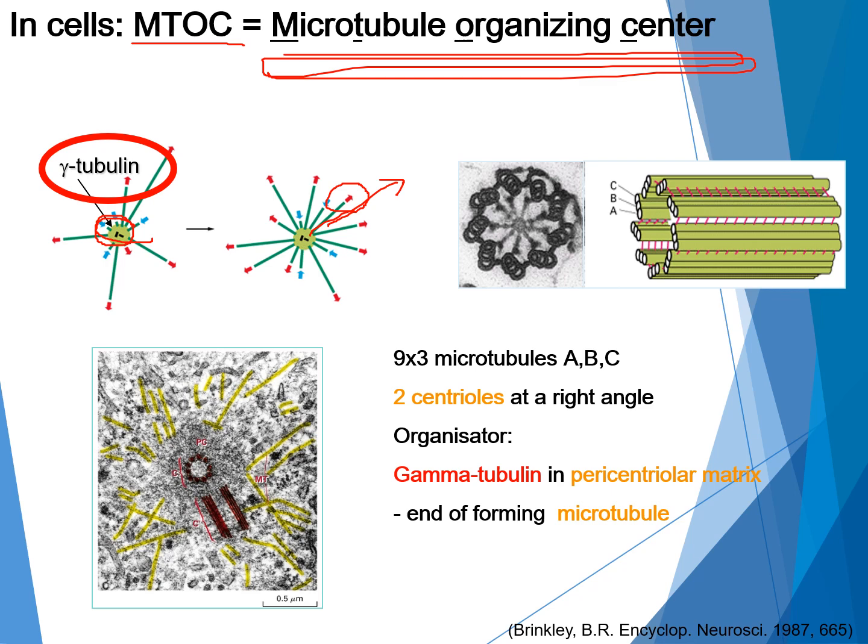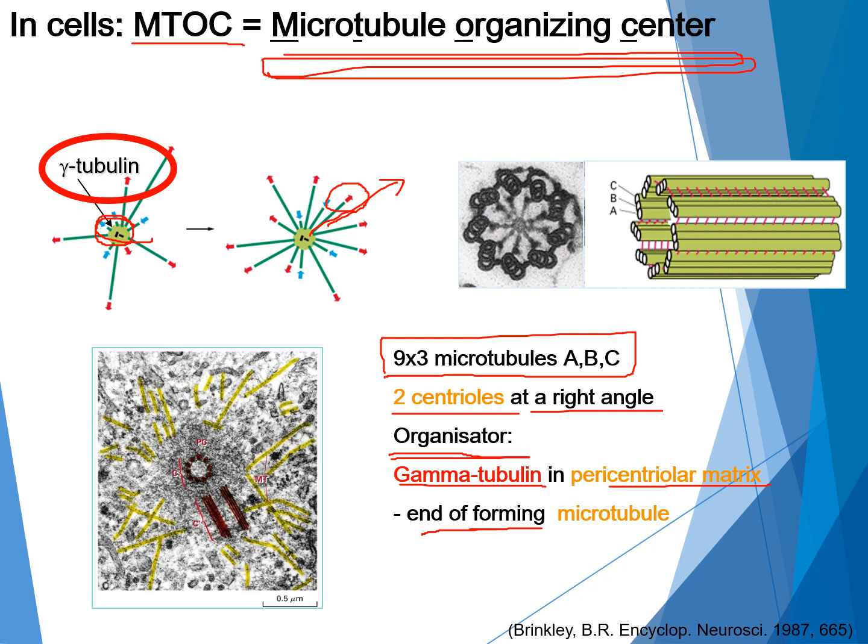The MTOC has this kind of structure, nine times three microtubules of A, B, and C. It has two centrioles at a right angle, and the organizer of it is the gamma tubulin in the pericentriolar matrix to form the minus end of the microtubule.